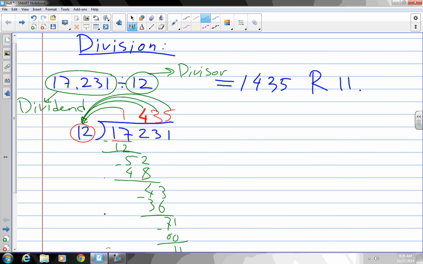What do we call this number? So we got the quotient, and this is the remainder. How's that? Does that ring a bell? The long division?